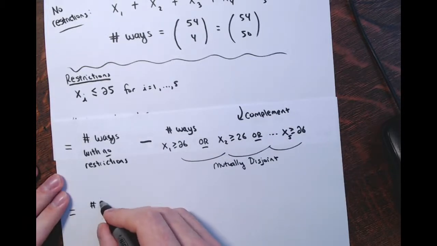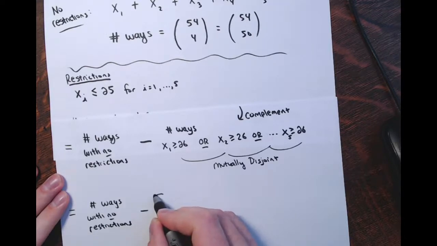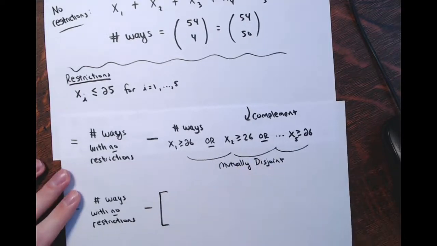So this is going to be the number of ways with no restrictions minus, and then applying the inclusion-exclusion principle.